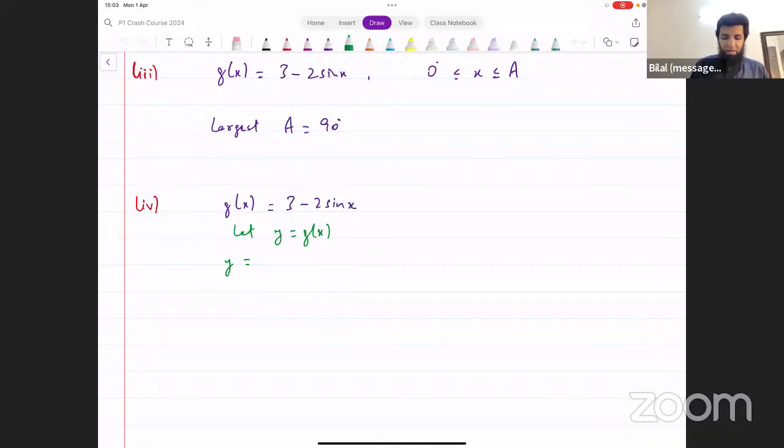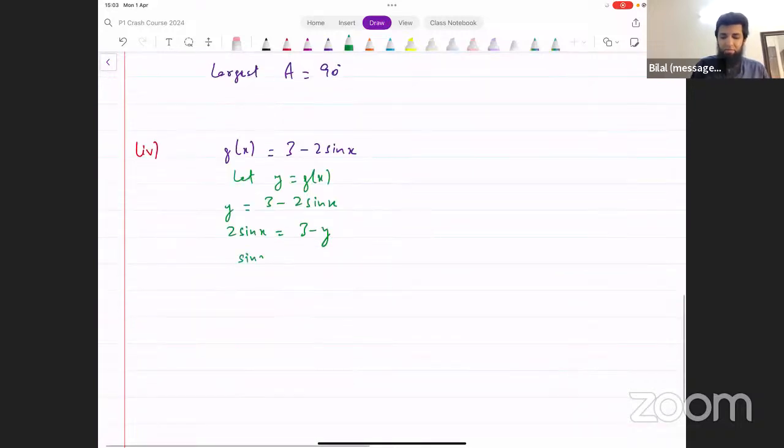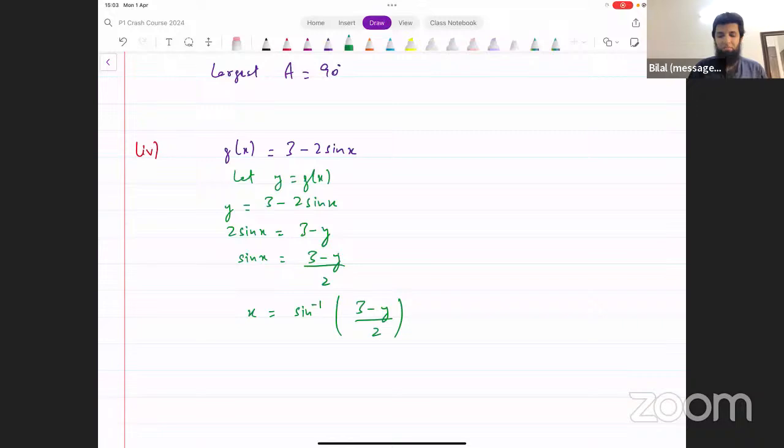What does that become? y equals 3 minus 2 sine x, and then 2 sine x equals 3 minus y, and then sine of x equals (3 minus y) over 2. x equals sine inverse of (3 minus y) over 2.